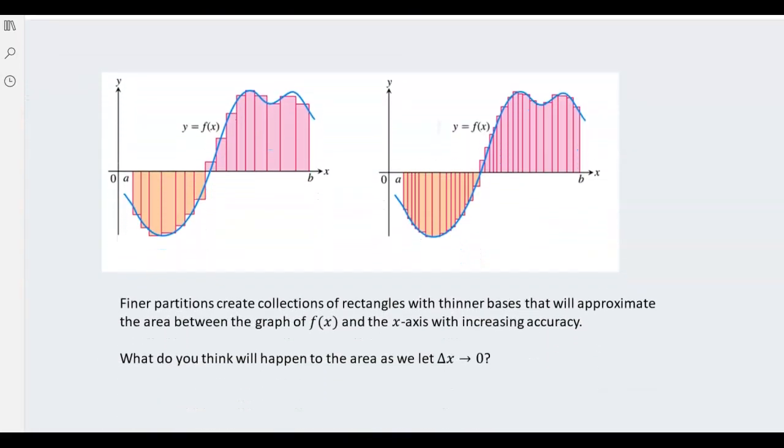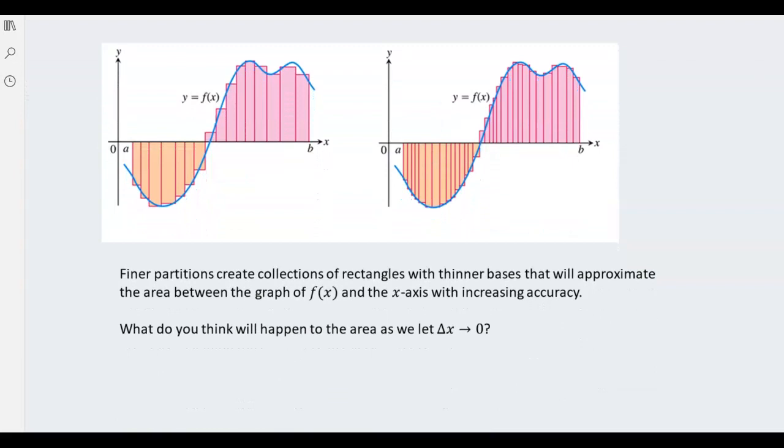And similar to what we were saying in the last section, the smaller we make those rectangles and the more subdivisions we create, the more accurate our estimate is going to be. The question for you to consider as we move forward into talking about integrals overall is what happens if we let delta x, the width of that rectangle, go to 0, if we let it get extremely small.